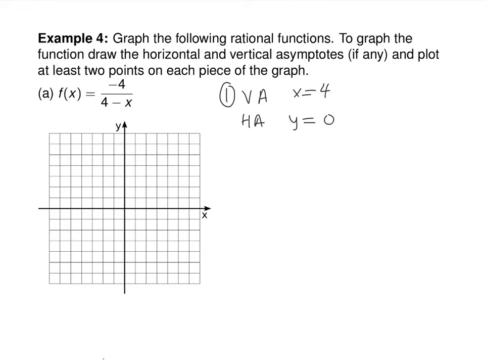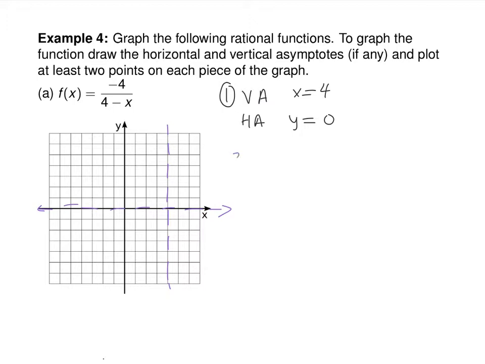And I'm not sure how ALEKS will have you plot those, but I'm just going to draw them in as dotted lines. So there's x equals 4, and y equals 0 is the x-axis. If on your quiz you don't draw in the x-axis as an asymptote, I'm not going to dock you for it because it's already sort of bolded and it's hard to see that you've drawn it in.